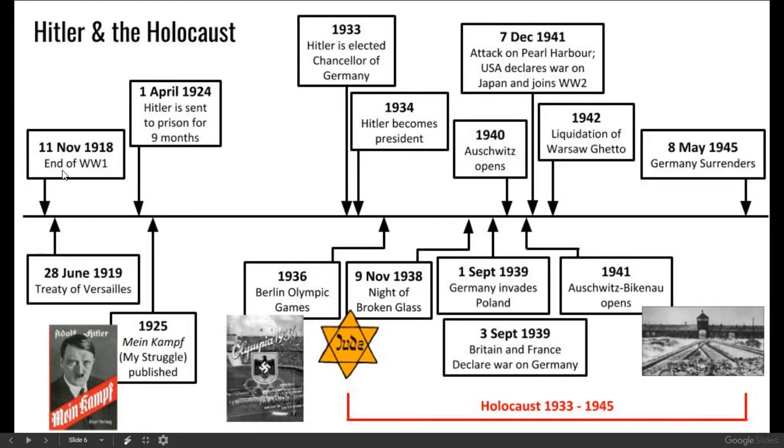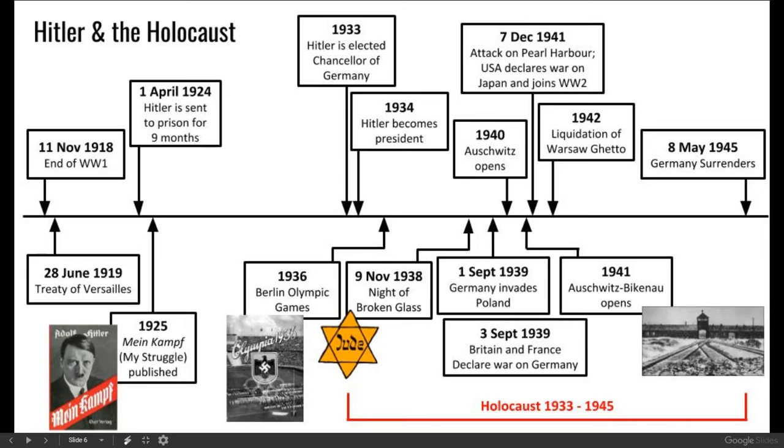And so after the end of World War I, they had a Treaty of Versailles, and Hitler was sent to prison for 9 months. And in prison, he wrote this book called Mein Kampf. And this book had all of his ideas of what a perfect world would be, such as a utopia that we learned about earlier this year.